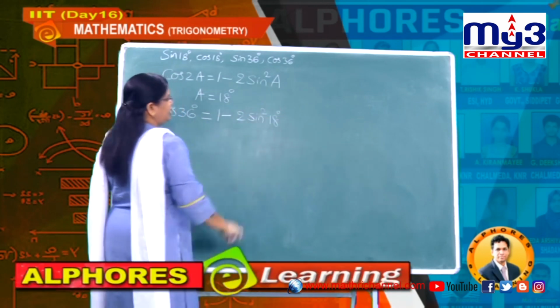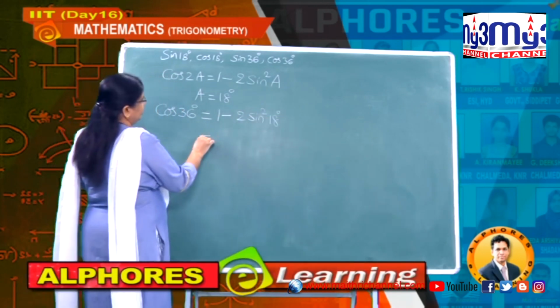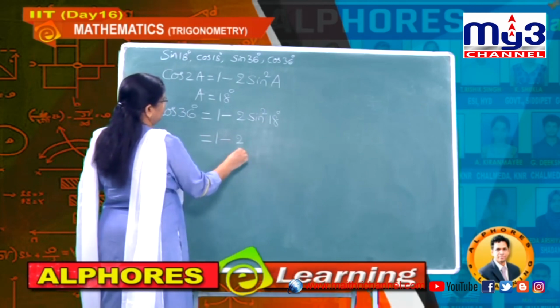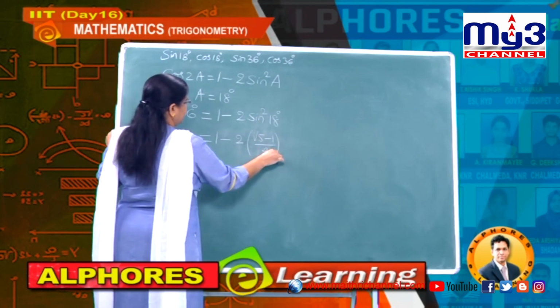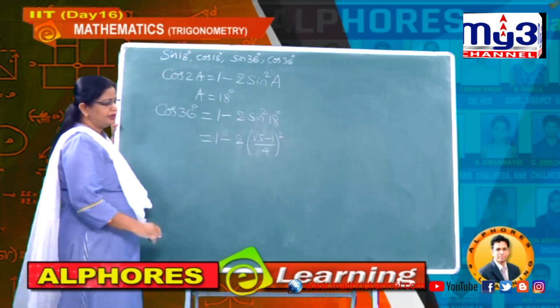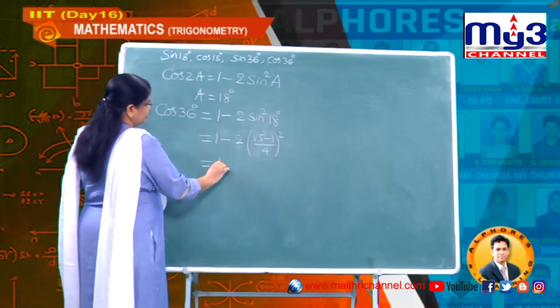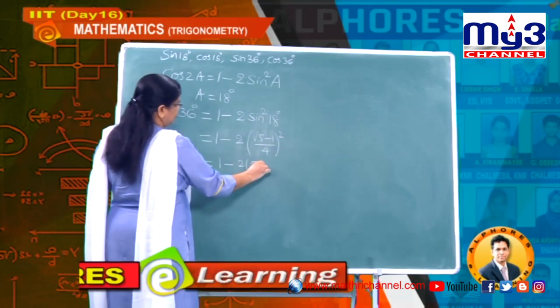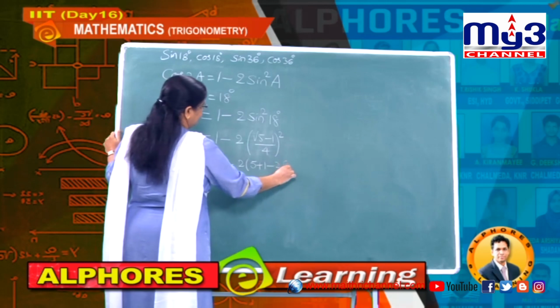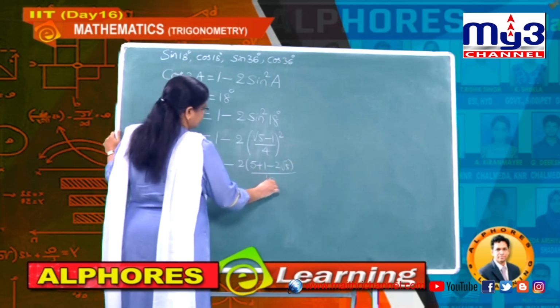Now what is sin 18 degrees here? It is nothing but 1 minus 2 into root 5 minus 1 divided by 4, whole square. Okay. So this value implies 1 minus 2 into, let us multiply, that is 5 plus 1 minus 2 root 5, and divided by 16.